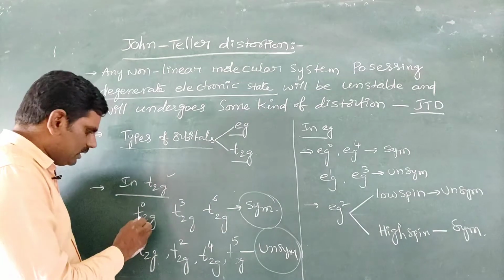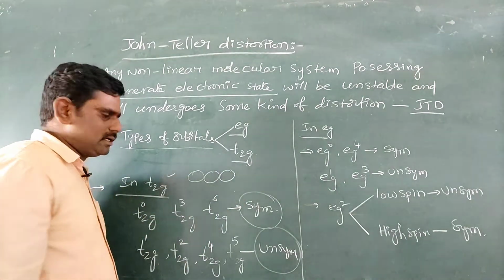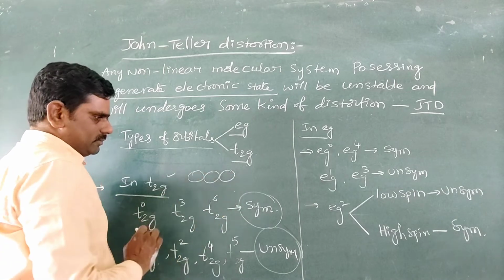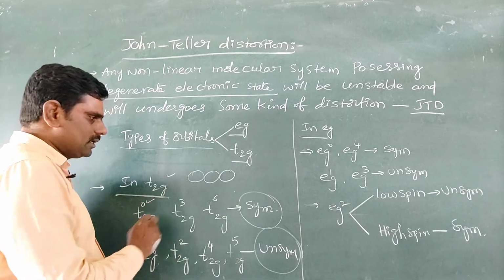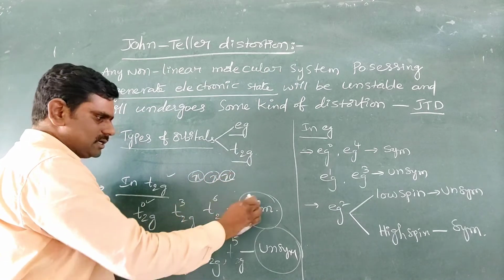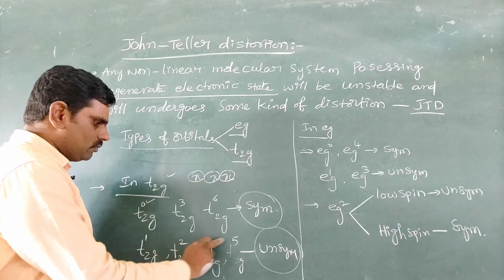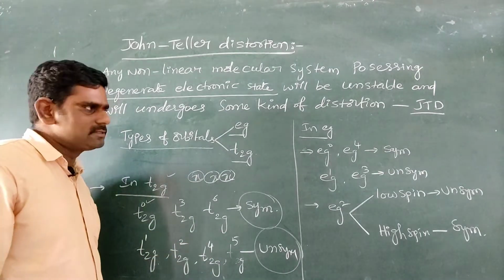See here, T2g means a set of 3 degenerate orbitals. No electrons is a symmetric condition, half-filled is symmetric and fully filled is also symmetric. The remaining, 1, 2, 4, 5, are unsymmetric conditions.